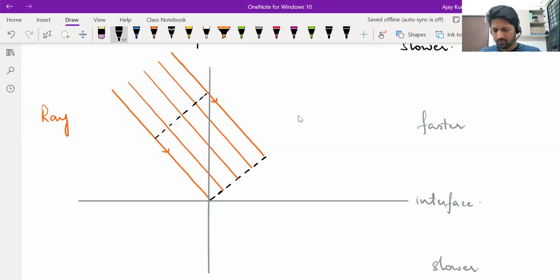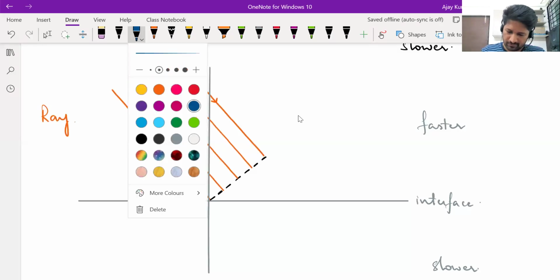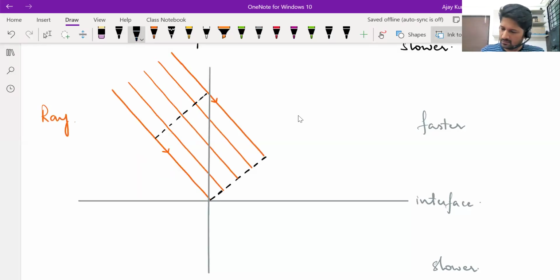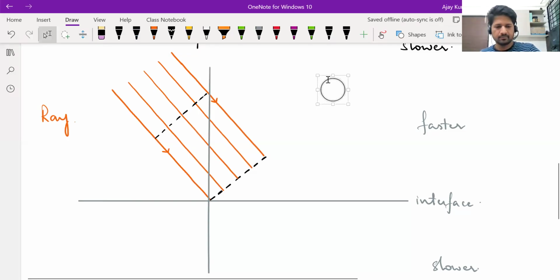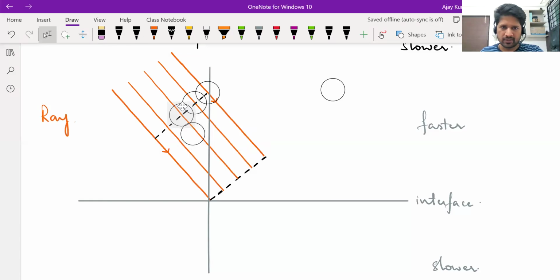Every point on the wavefront will behave as a source of waves. You imagine wavelets around them. Like this. We'll go a little slow because this is important. It's important to visualize how a wave propagates if you want to answer questions properly.